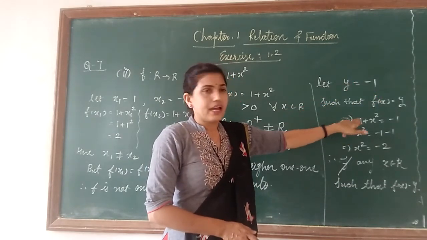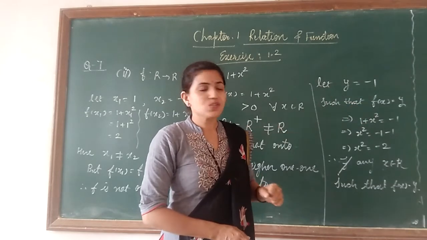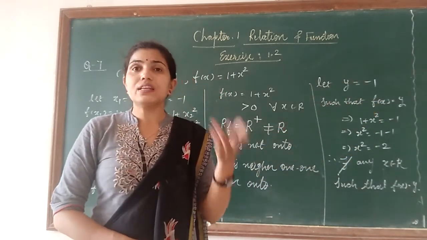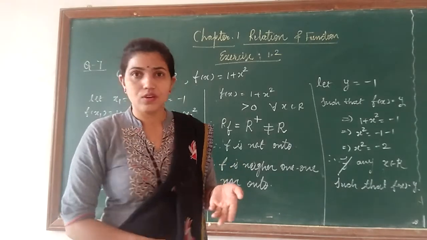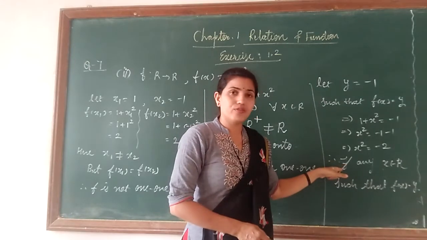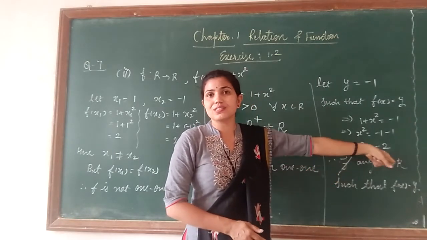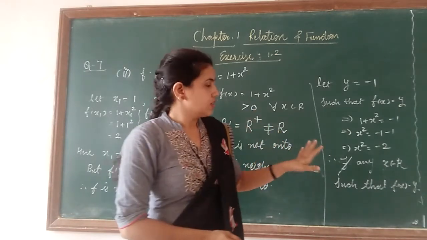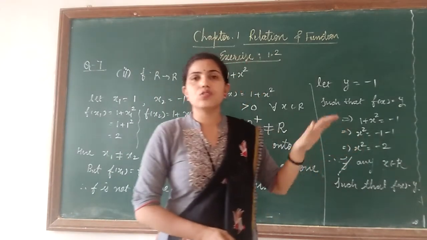So 1 plus x square is equal to minus 1, that means x square is negative. Any number whose square is negative is not possible. We don't have any real number whose square is negative, and therefore there does not exist any x belongs to R such that f of x is negative. So therefore f is not onto.